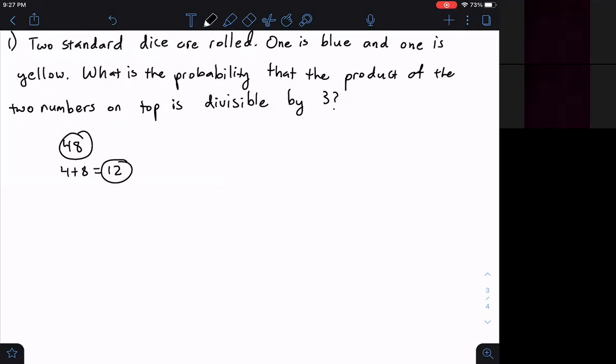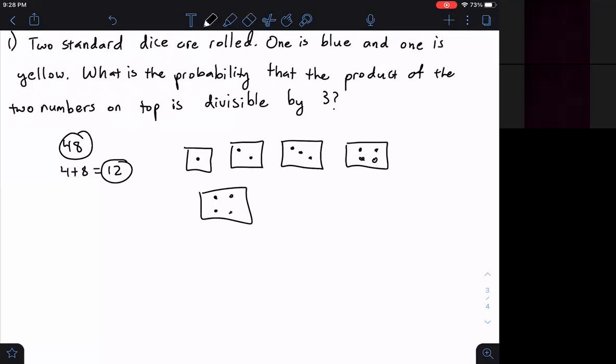But that might not be as useful here. Instead, we can think about a number that's divisible by 3 in terms of its factors. If a number is divisible by 3, that means that one of its factors is the number 3. And on a single dice, we're going to have a side of 1, 2, 3, 4, 5, and finally, 6.